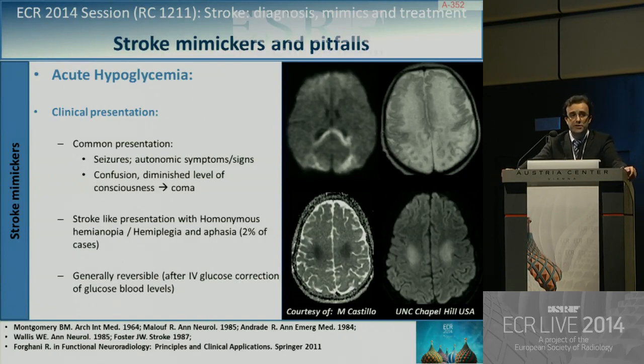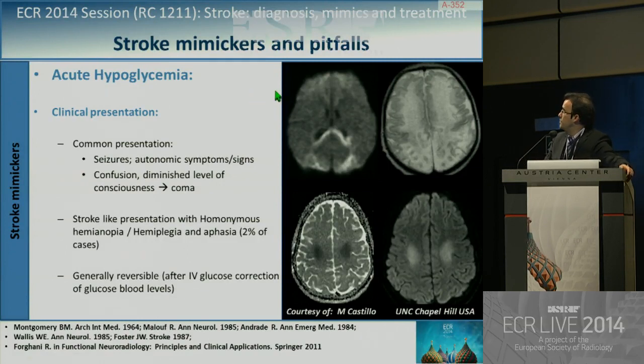Hypoglycemia: you just look at the analysis of the patient and you make the diagnosis. But if your clinician didn't ask for the glucose levels, these patients generally present with a decreased level of consciousness. Sometimes they can present with acute neurological deficits, and they are generally reversible if you correct the glucose level.